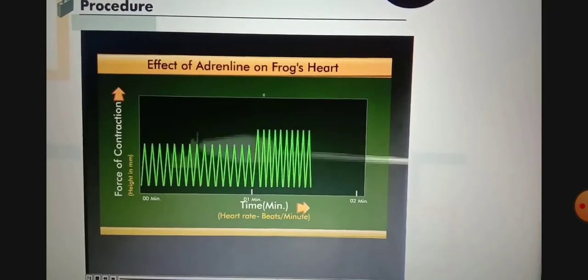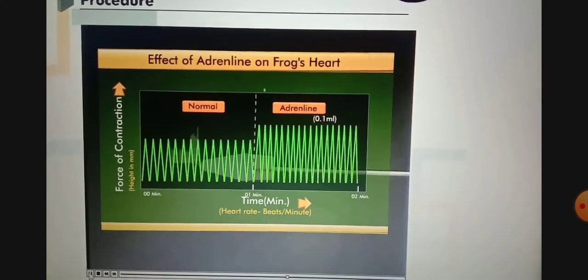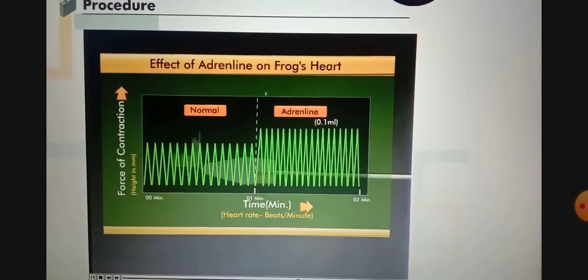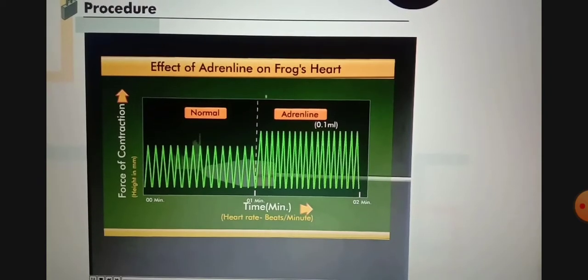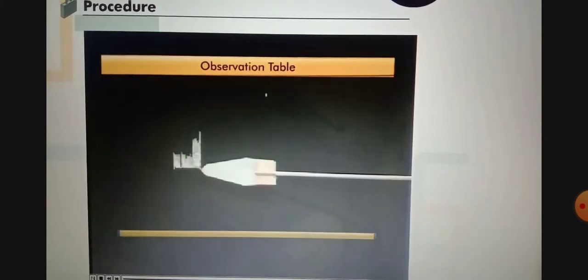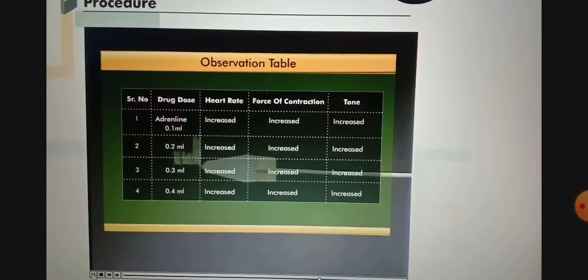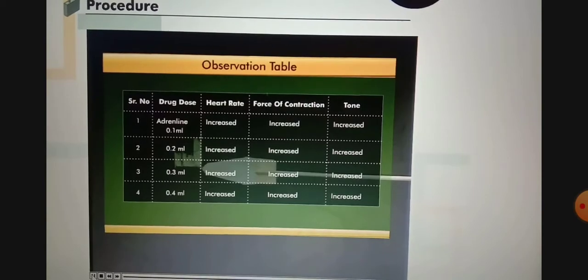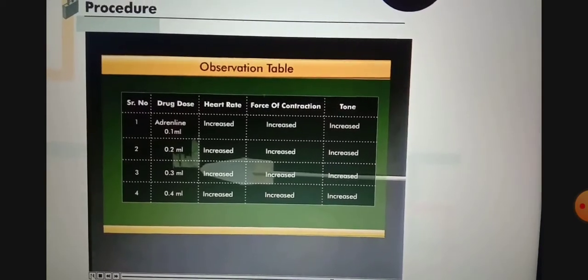You can see that the rate of contraction and force of contraction of heart increase due to adrenaline. Also observe rhythmicity and tone of contraction. Repeat the same procedure by injecting 0.2, 0.3 and 0.4 ml of adrenaline.